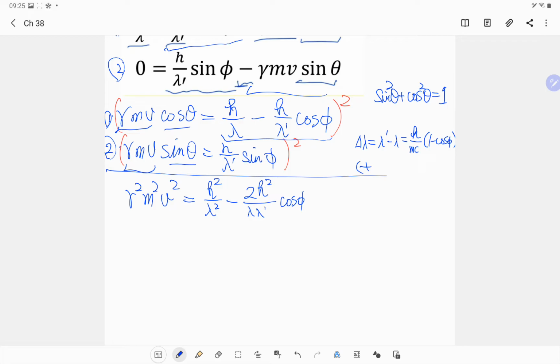So this is minus 2ab. And then we have b squared, which is h squared over lambda prime squared cosine phi squared. So this is the first one. And then this one, which is simple, should be h squared over lambda prime squared sine phi squared.